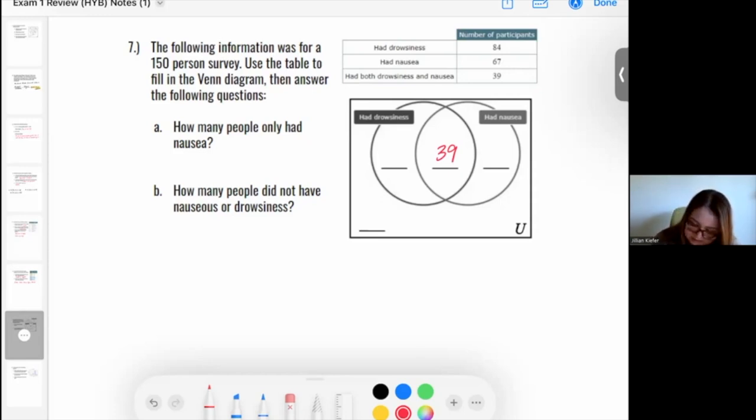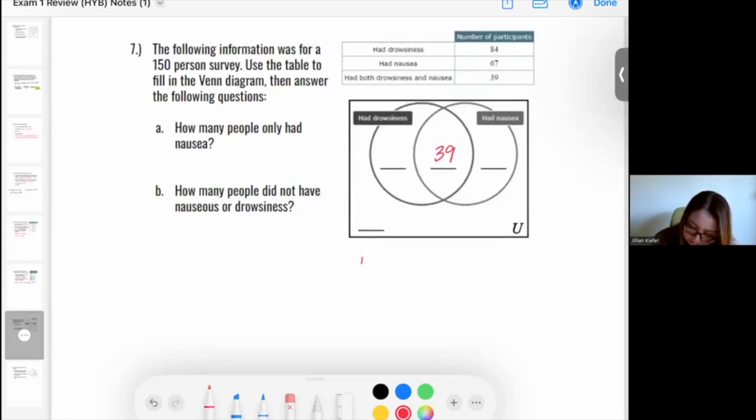So drowsiness will be equal to the number of participants with drowsiness, 84, minus the people who had both, 39. So 84 minus 39 would be 45. So 45 people only had drowsiness. So we can add that number in there.